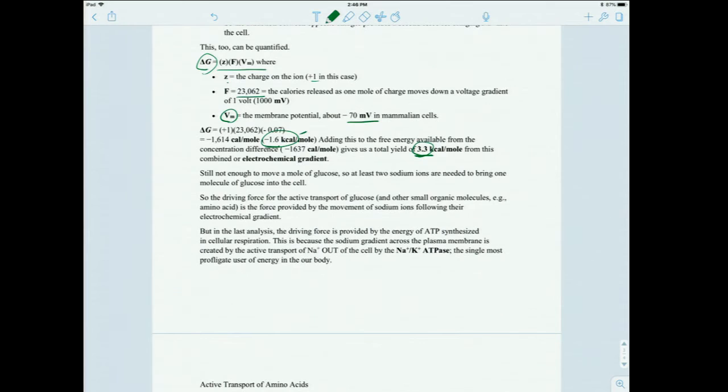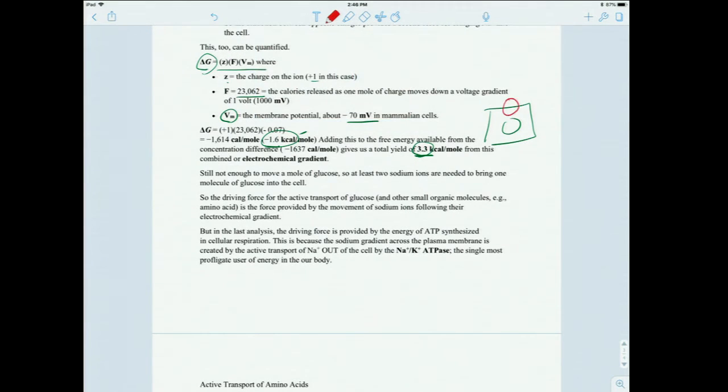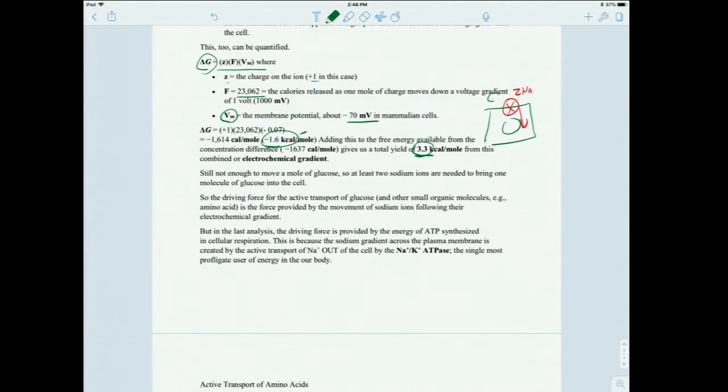So if it is bringing 2 versus 1, so quickly a cell here, there's my cell, and so this is going to be my transporter here. All right, so I've got 2 sodiums going in for every 1 glucose going in.